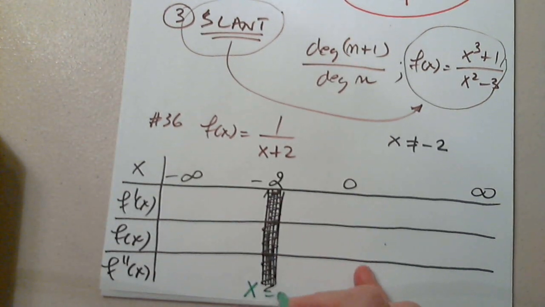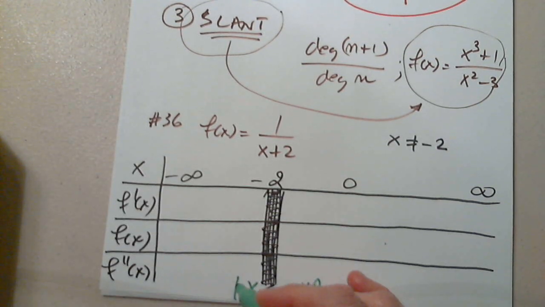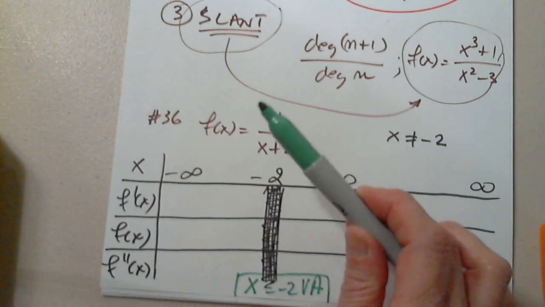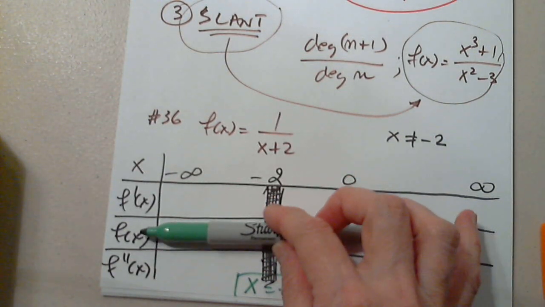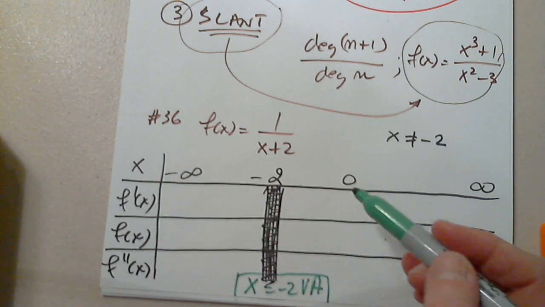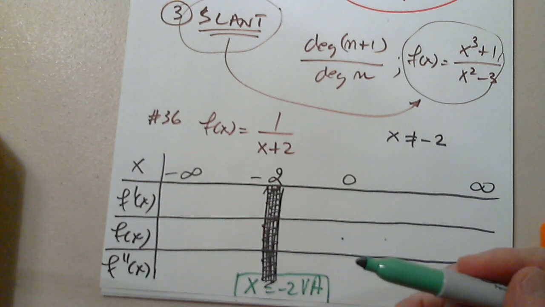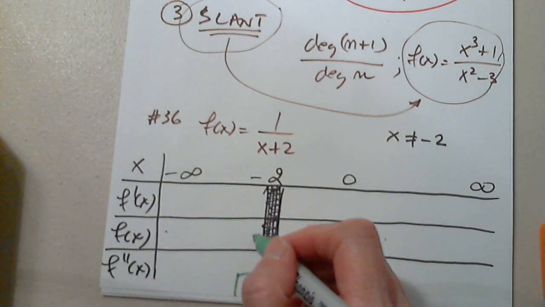So then x equals negative 2 must be a vertical asymptote. Mandatory. Good. At this point, we want to determine everything we can about the function. What does that mean? Well, the value at 0, the y-intercept, an x-intercept if it has one, and these limits.